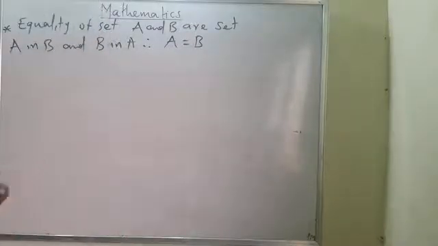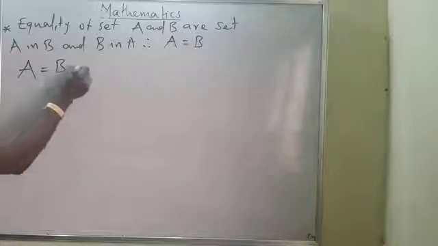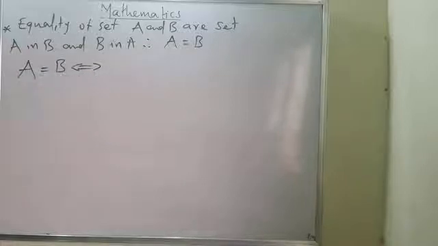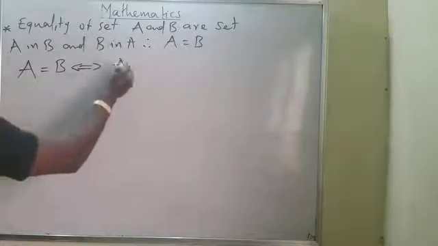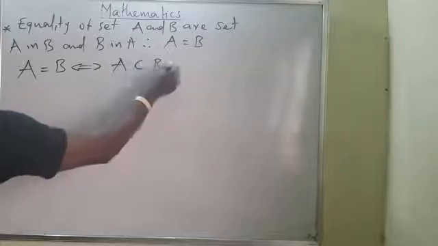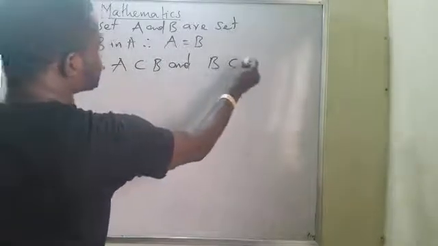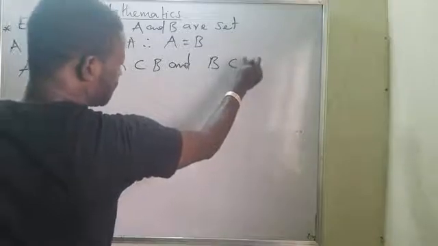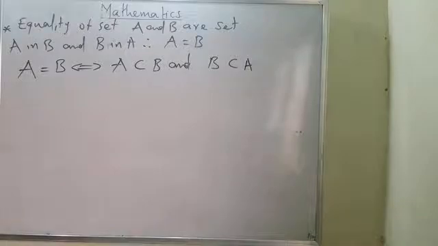And how do I prove it? Normally, we use this statement in normal mathematics: A equals B, which implies both sides. A is a subset of B, and B is a subset of A. That is how to prove it.